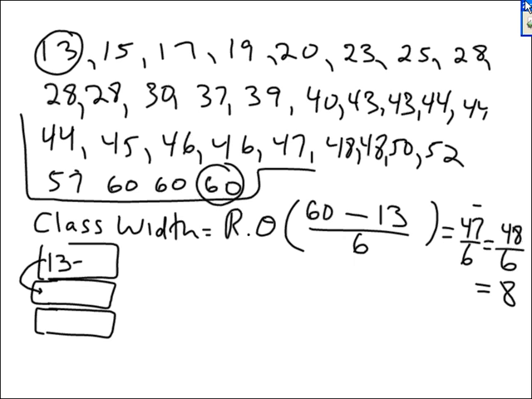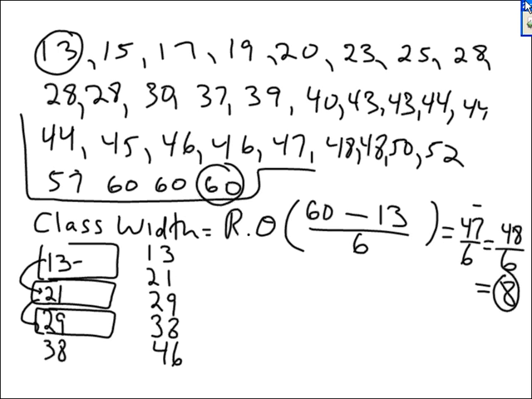You're supposed to get 8. The class width is 8. That is, these two numbers differ by 8, these two numbers differ by 8, they differ by 8. Okay, so I'm kind of running out of room, so it's 13, 21, 29, 38, 46, and 54.